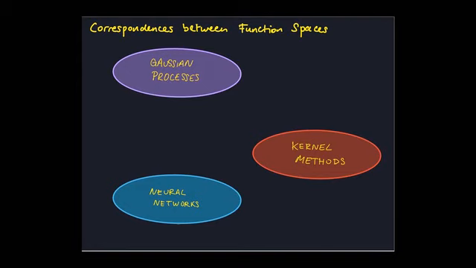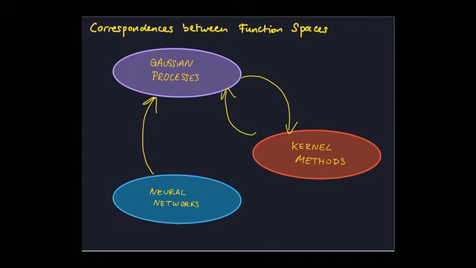The really interesting thing is that there are all these correspondences. There's a way to get a kernel method from a Gaussian process. They're related to each other, and the relation goes both ways. But interestingly, there's also a way to get a Gaussian process from a neural network. There are maybe a couple of ways to do it, but the one we're going to think about is a correspondence where a neural network in a particular limit is equivalent to a Gaussian process.